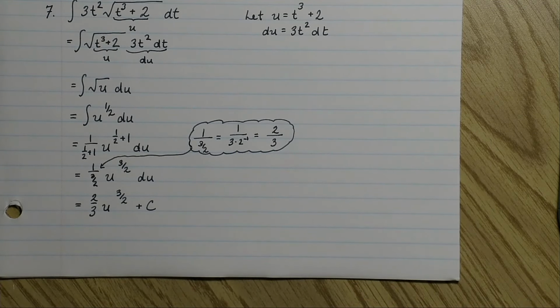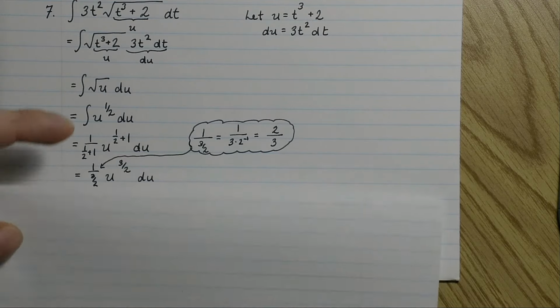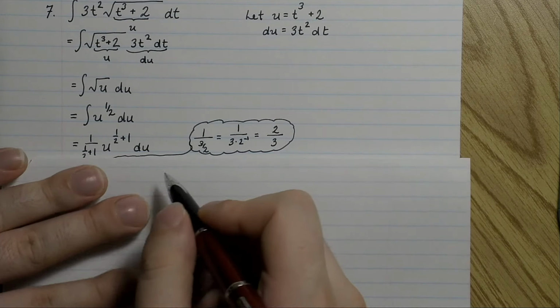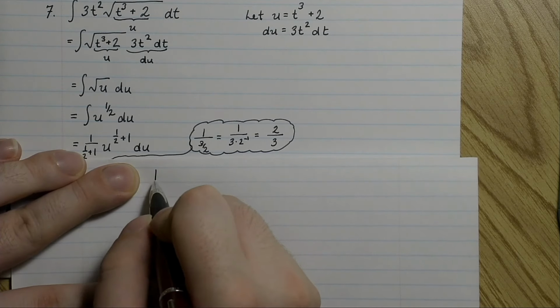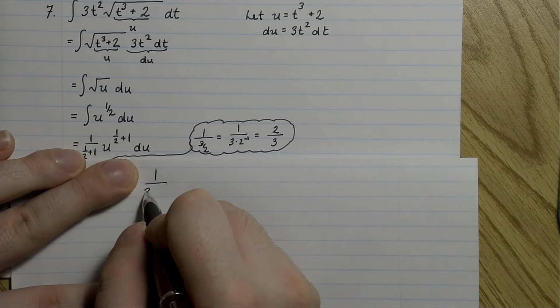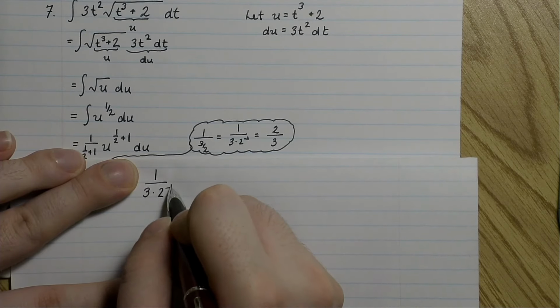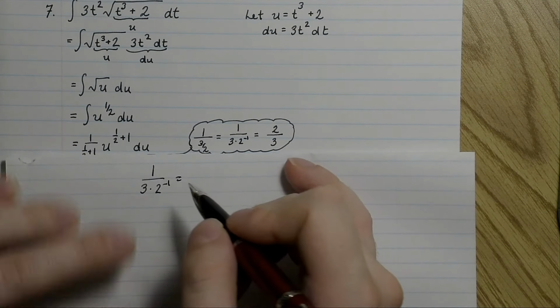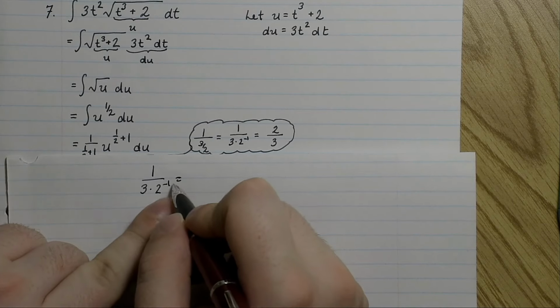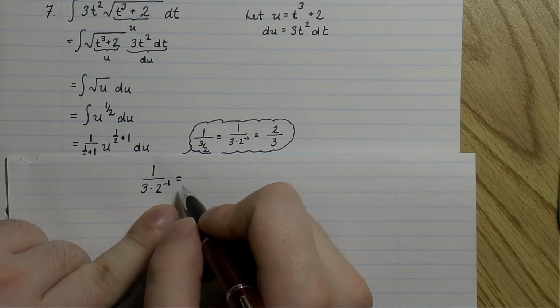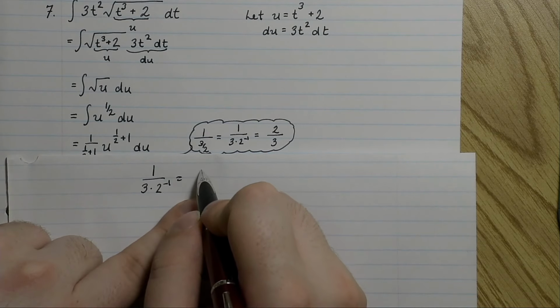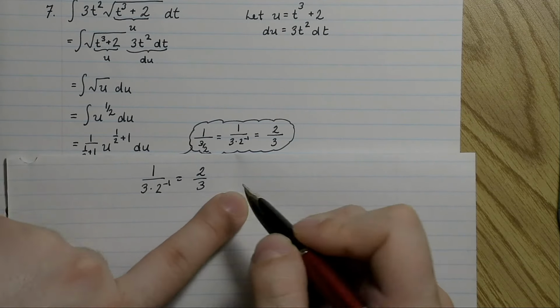So, just to clarify on that, again, if you had something like 1 over 3 times 2 to the minus 1, if you wanted to get rid of the negative exponent, you move it into the numerator. So it becomes 2 over 3.